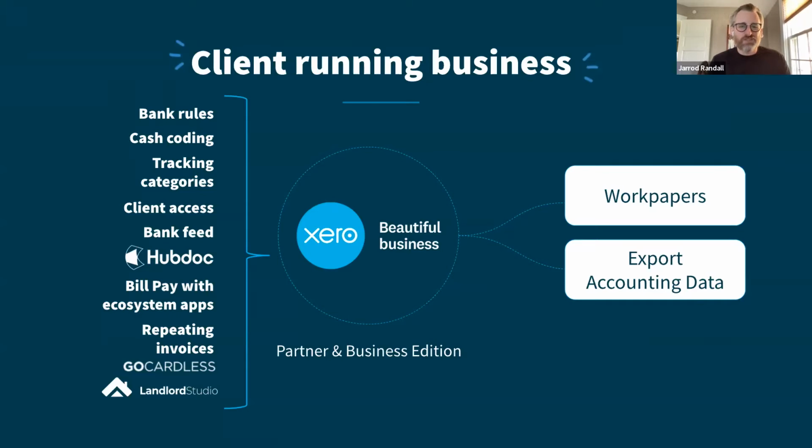But if the solutions they choose don't speak to each other, this could make life even harder for you. So it's not just about the existence of tools, they have to speak to each other. And this is an opportunity for accountants to present solutions that make their life easier for them and their clients.